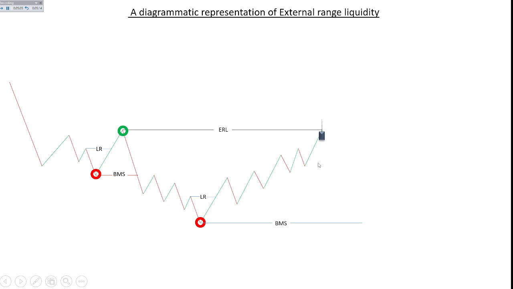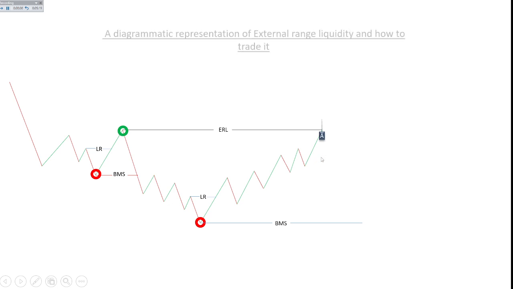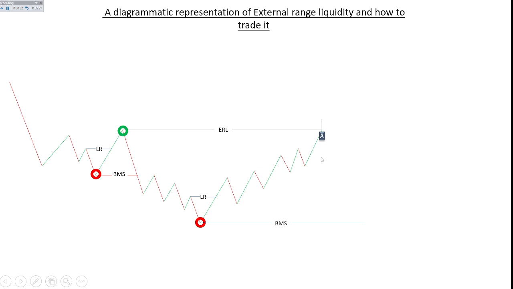Next, let's see how the market presents itself for opportunities. As price did this, we have our A sweep and B confirmation. As we had this, you have our single candle confirmation entry.